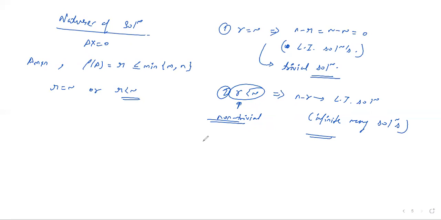If we have a unique solution in the homogeneous system, it has to be trivial only, because that is the case only when the rank is equal to the number of columns, or the number of unknowns. Now the homogeneous linear system possesses a very important property of its solution space.